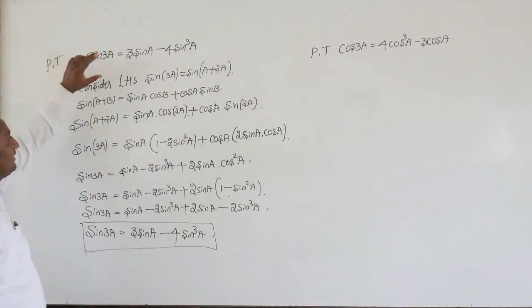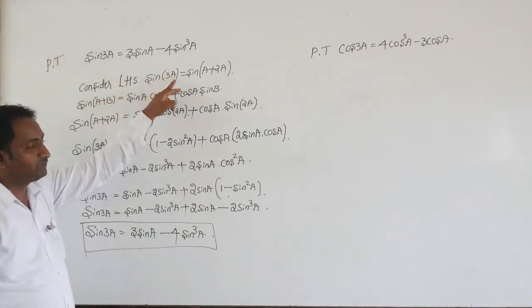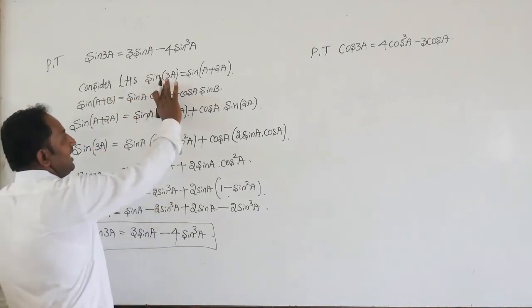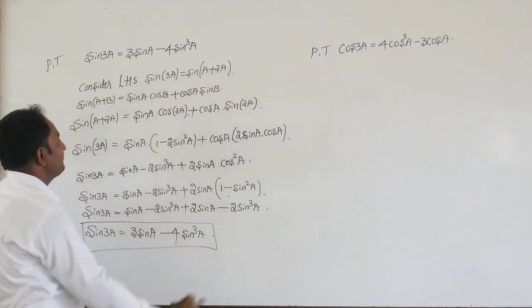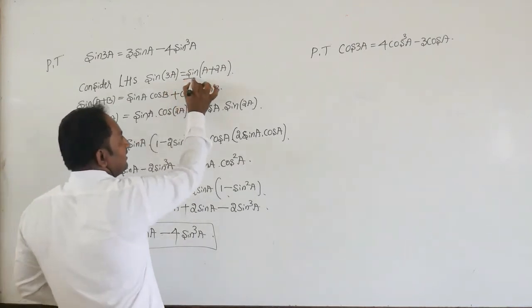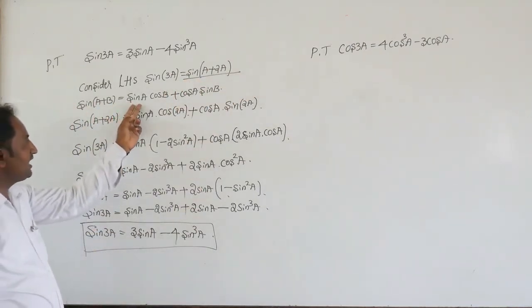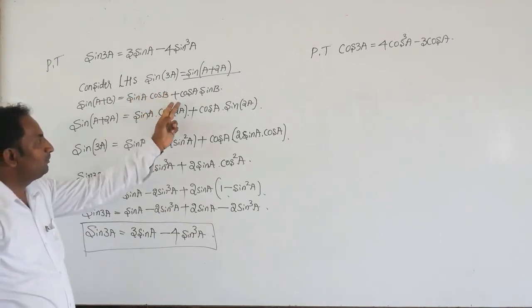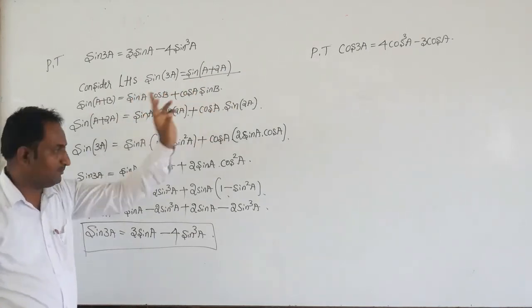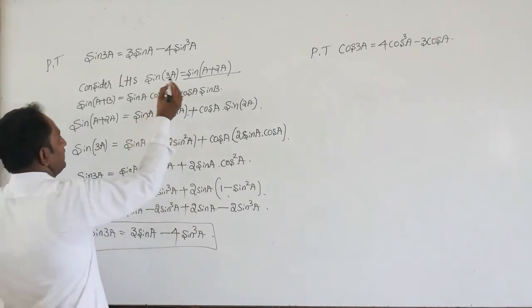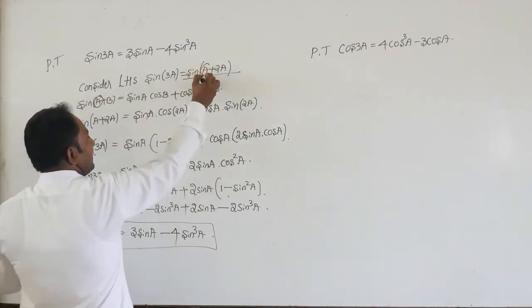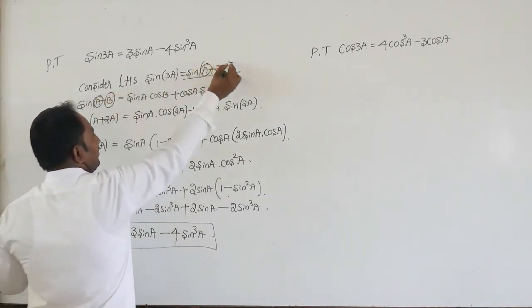Here consider LHS part. Sin of 3a is split as a plus 2a. Here this is the form of sin of a plus b. We know that the formula is sin a cos b plus cos a sin b. In place of a is there, in place of b, 2a is there.